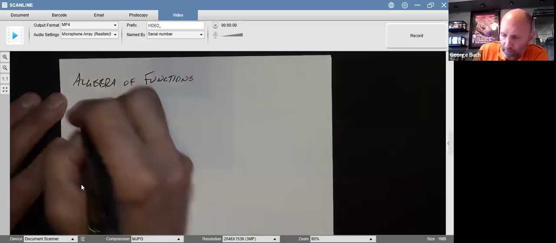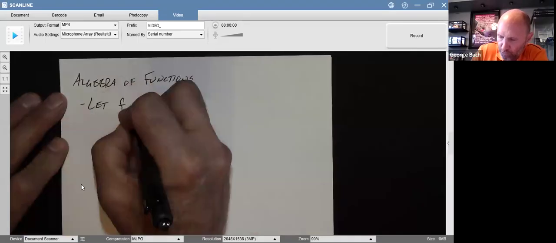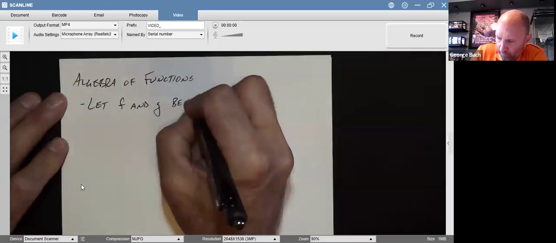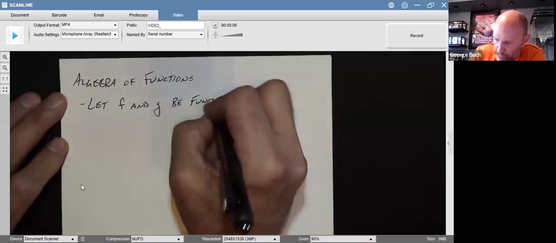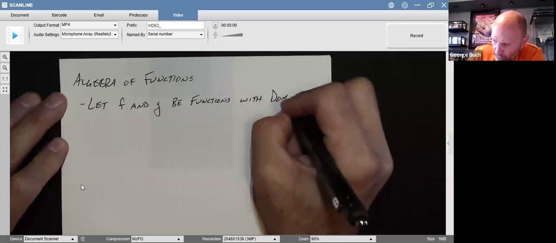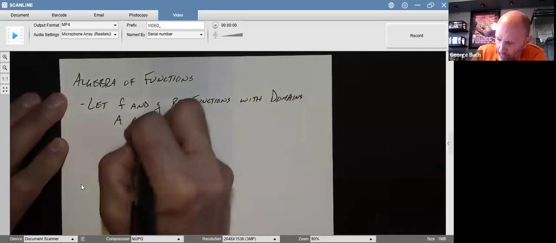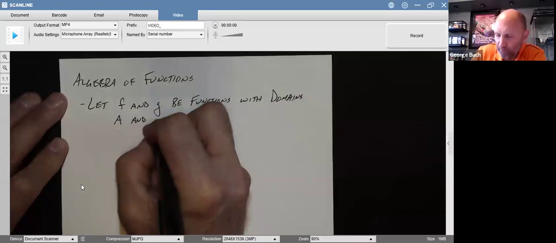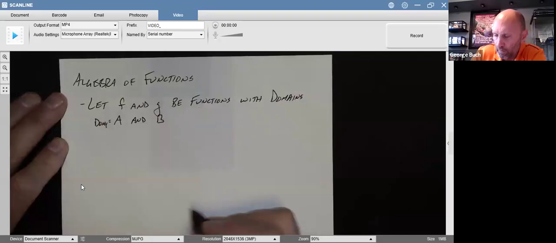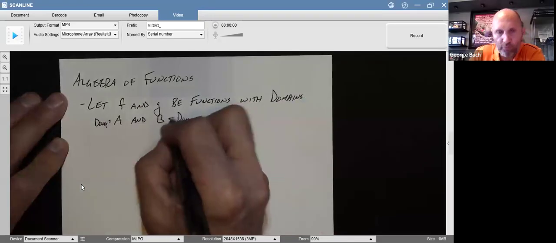So we have the following. Let f and g be functions with domains A and B. So the domain of f is A. The domain of g is B, whatever that set B is.